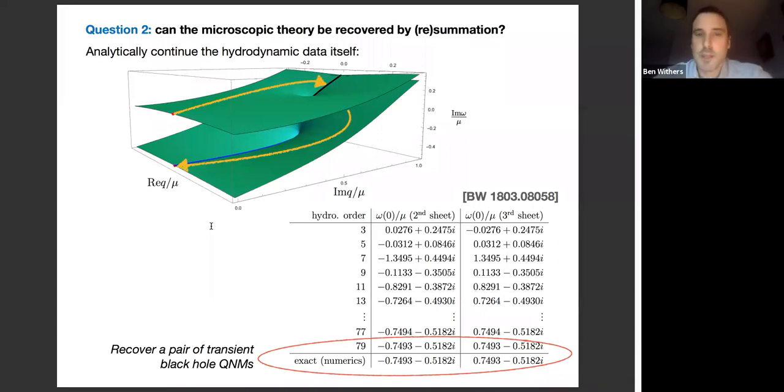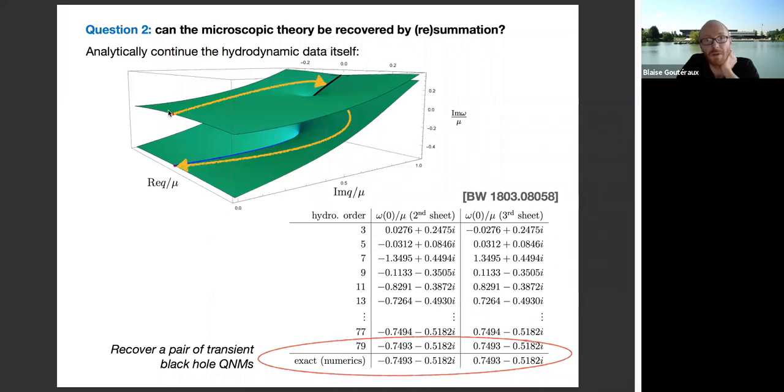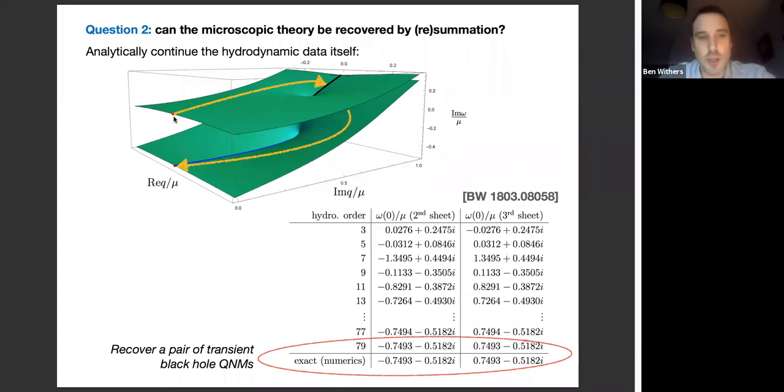But doesn't the IR retarded Green's function contain all the transport coefficients? By that I mean the retarded Green's function you would compute in the infrared geometry, the AdS2 plus R2. But does that only include a subset of these?